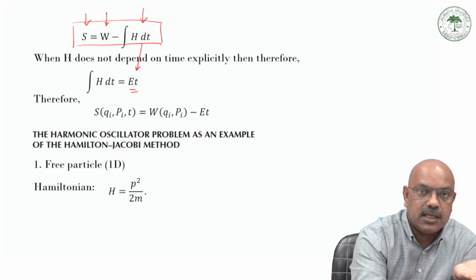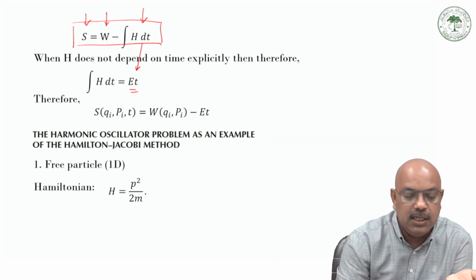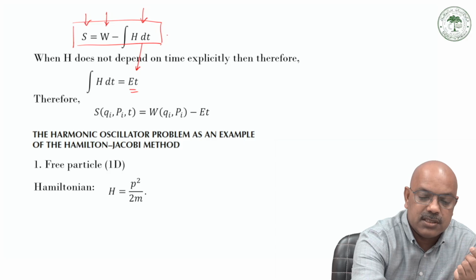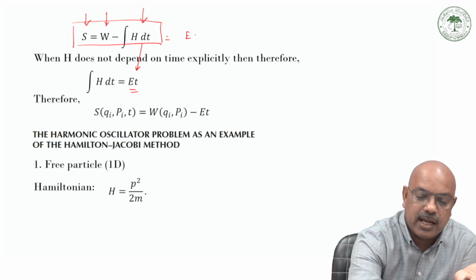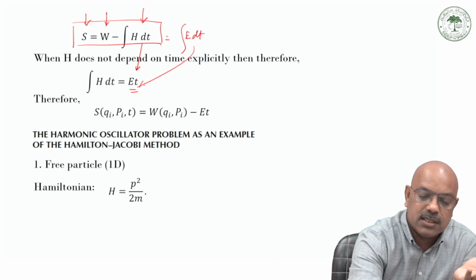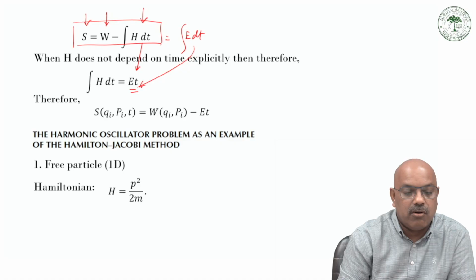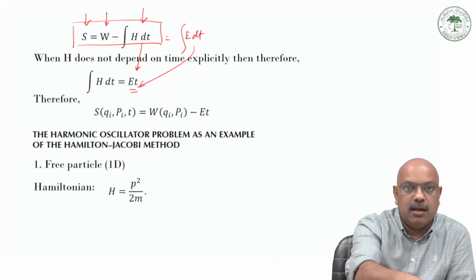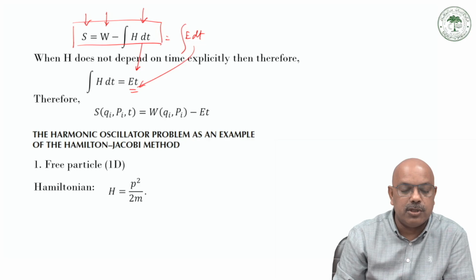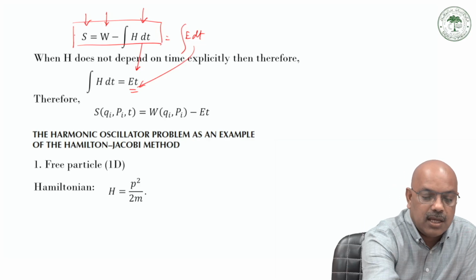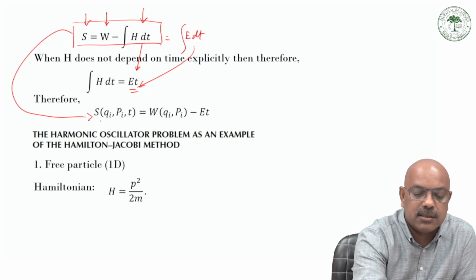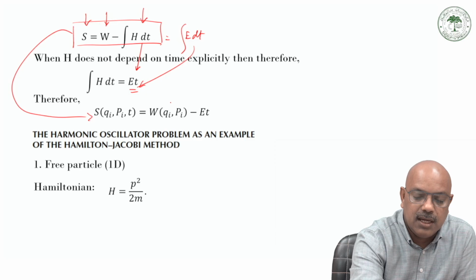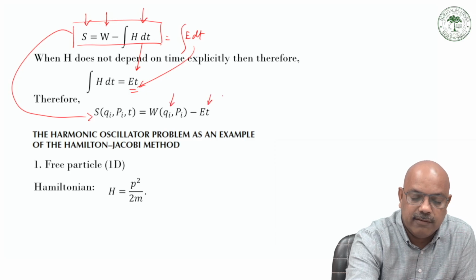So H is going to be some constant, that is E, and that means this is some constant times dt, so what you get is E dt. Okay, so because H is a constant for a conservative system, only then does W come into play. Therefore S is the characteristic function minus Et.